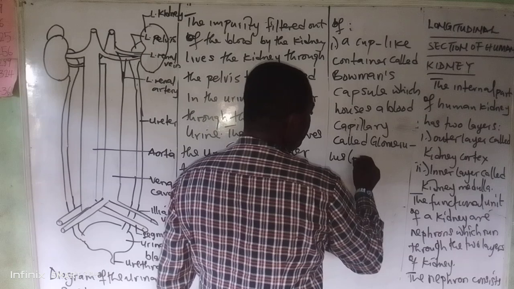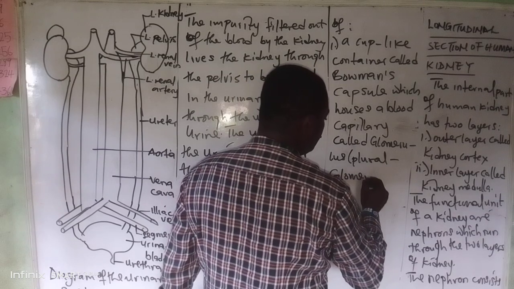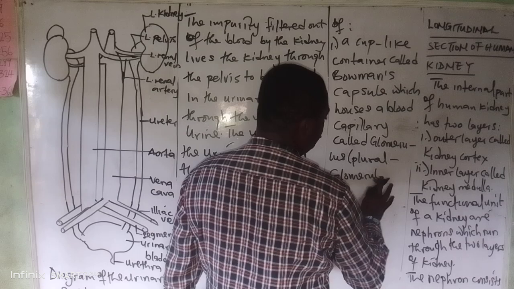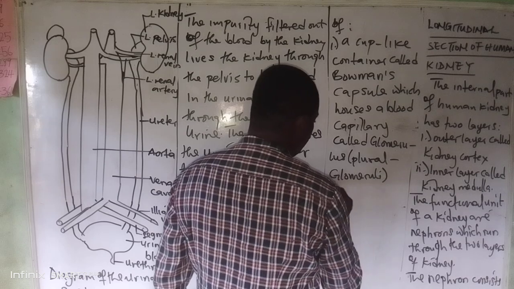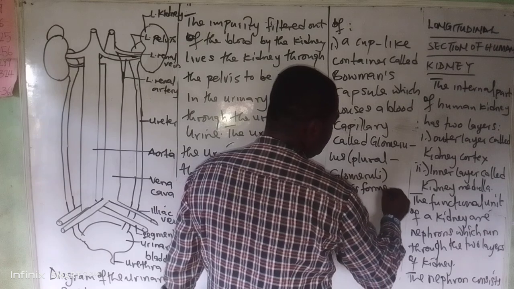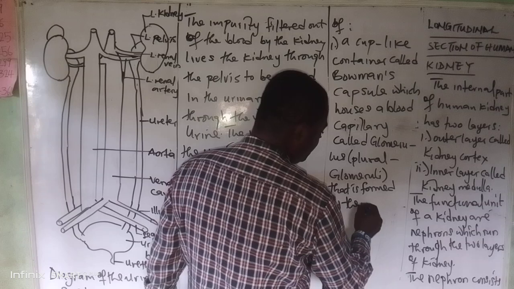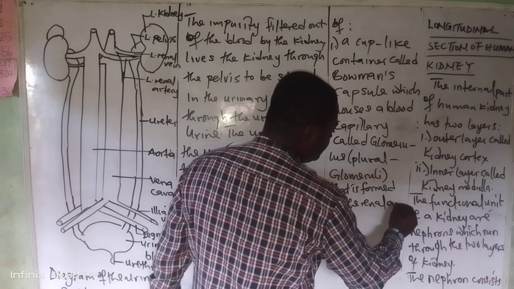Glomerulus, plural, glomerula. That is formed by the renal artery.